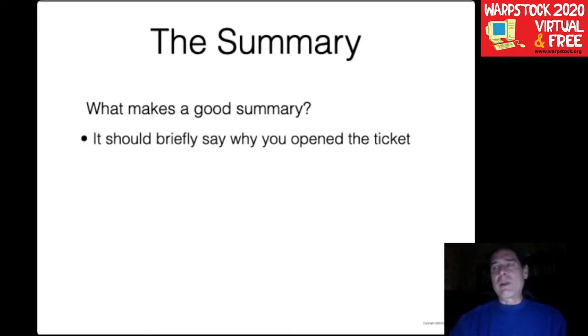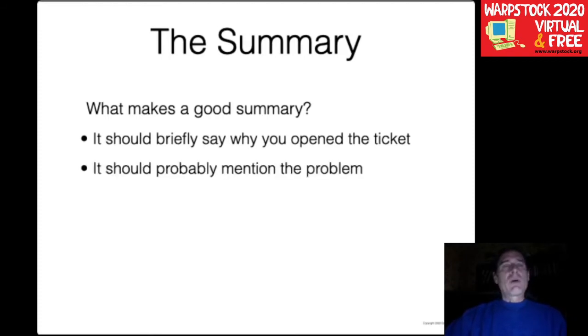After all, if you're having a problem, you should probably say so. If you want help, that is. It should also probably mention the problem. Don't you think? All sounds reasonable, sounds obvious, right?